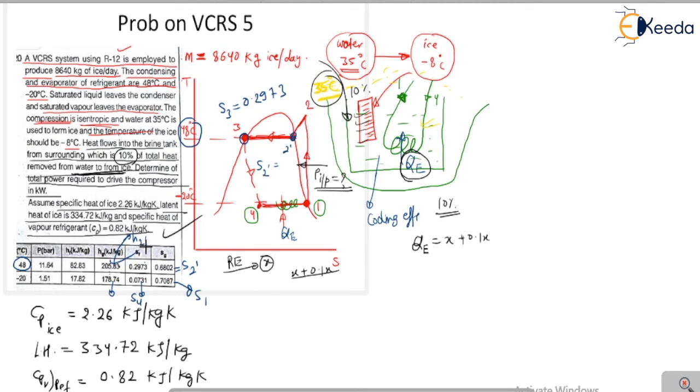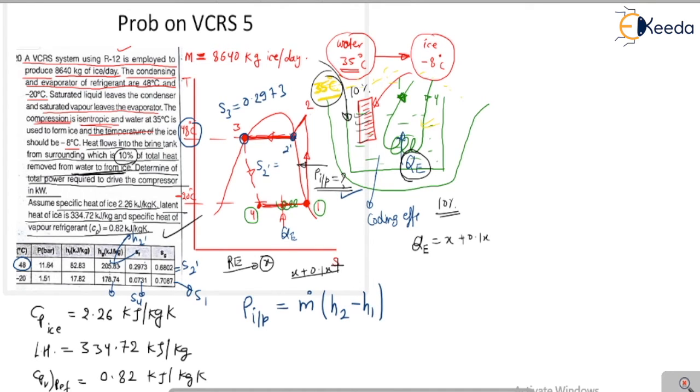Now, as per all the given data, what do you have to apply? You have to apply the direct formula. And what is your direct formula for this power input calculation? The power input is nothing but mass flow rate times (H2 minus H1).